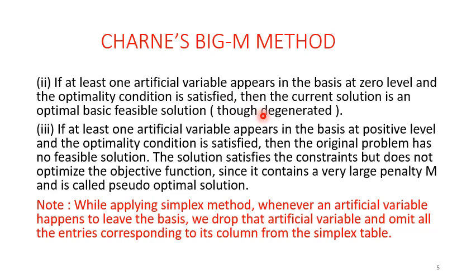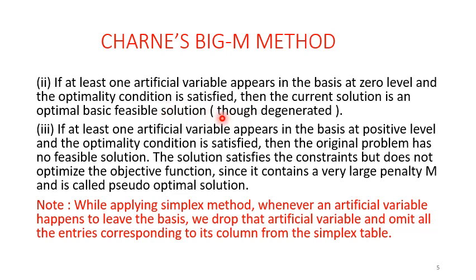That is, it's a degenerate optimal basic feasible solution. The condition is that at least one artificial variable which you have introduced should appear in the basis with a value of 0 at 0 level, and all the optimality conditions have to be satisfied. Then we say that the current solution is an optimal basic feasible solution but degenerate.